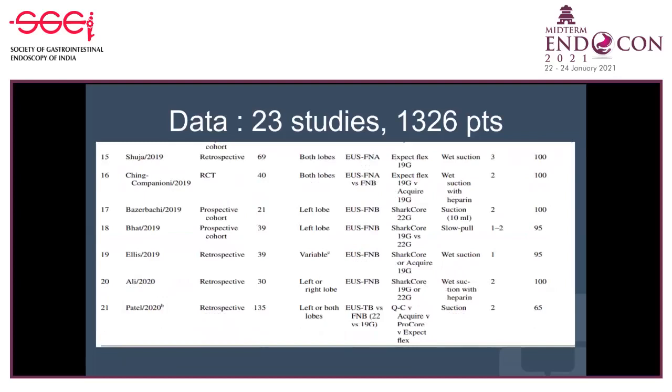Now, just going further down the list of the studies, including some of them published in 2020, using the SharkCore needle, again, different techniques in terms of wet suction, slow stylet pull, but the diagnostic yield remains significantly high.